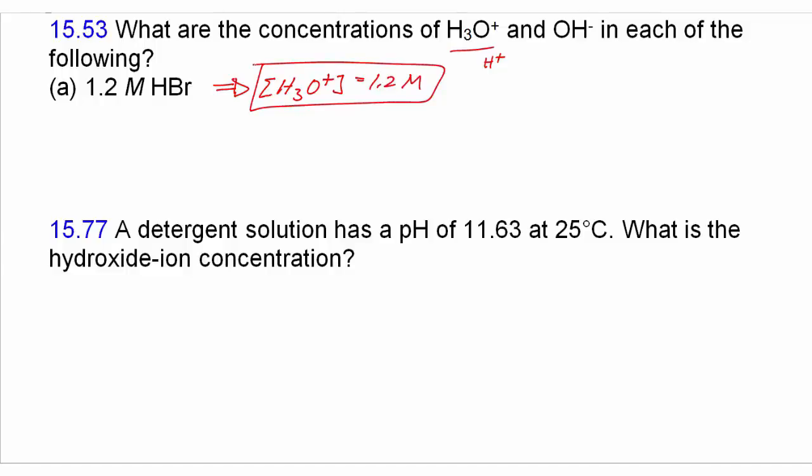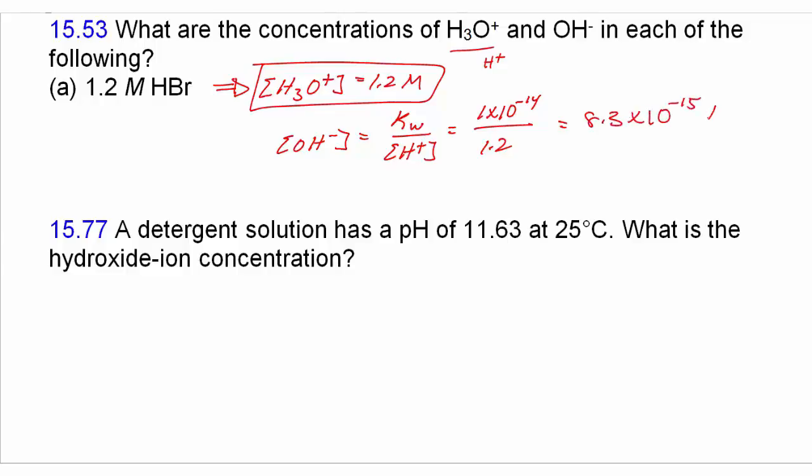And that concentration of hydroxide would just be Kw divided by that hydrogen ion concentration. So 1 times 10 to the negative 14 divided by 1.2, about 8.3 times 10 to the negative 15.